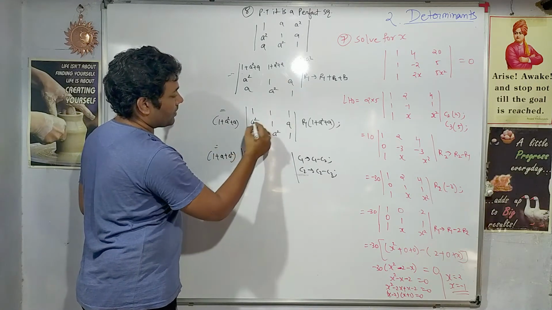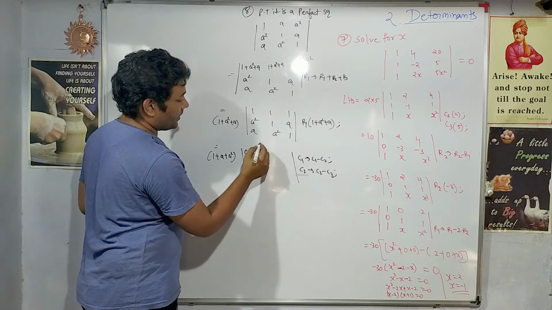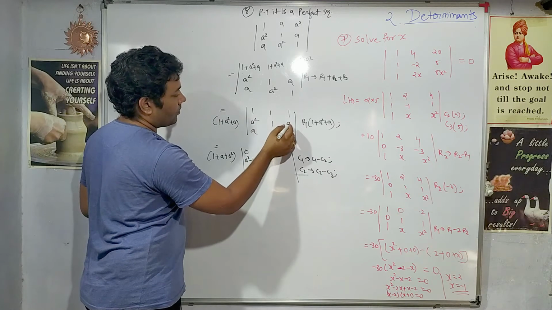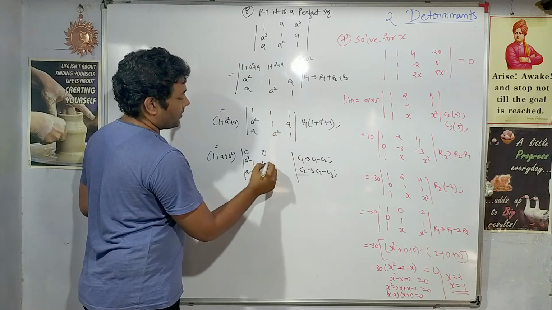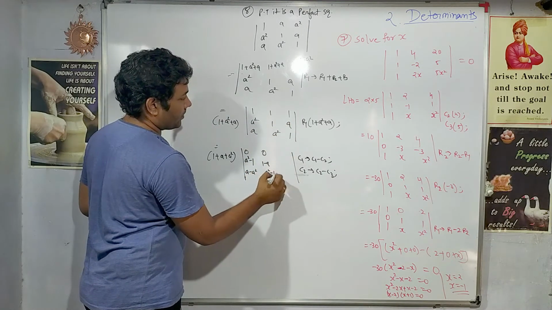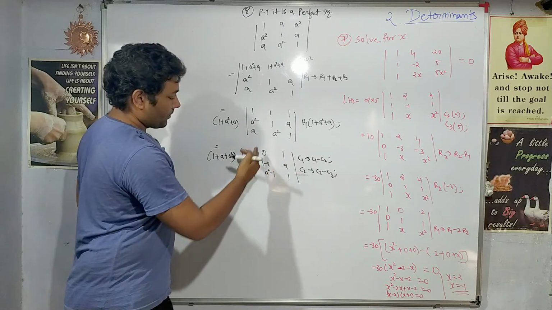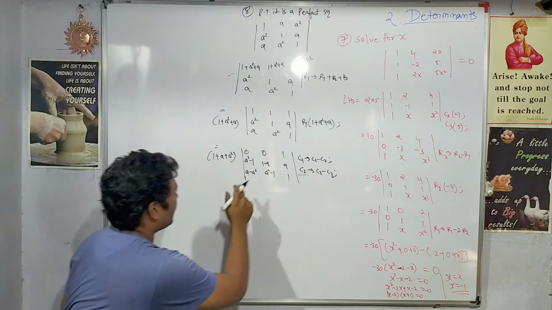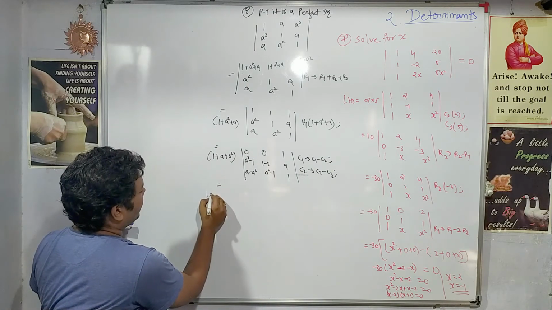So 1 minus 1 is 0, a square minus 1, and here a minus a square. 1 minus 1 is 0, then 1 minus a, then here a square minus 1. So 1, a and 1. If you see here, these parts can further be factorized, so let us factorize them.